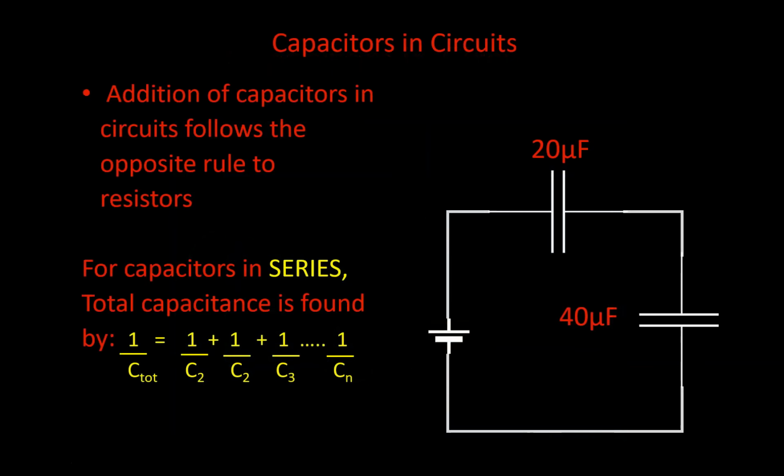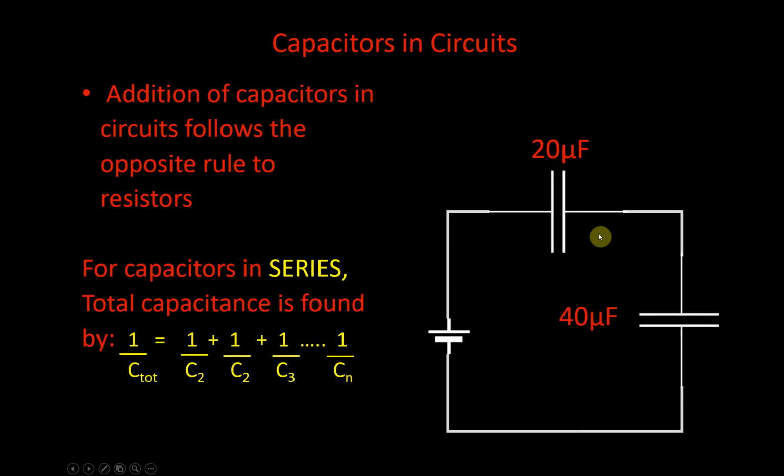So if we're talking about a capacitor in a circuit, what we really want to be able to do is add up how much capacitance we actually have in that circuit. In this particular case, we have two capacitors, a 20 microfarad and a 40 microfarad hooked up to the same battery. Now, the total capacitance here is found by this equation.